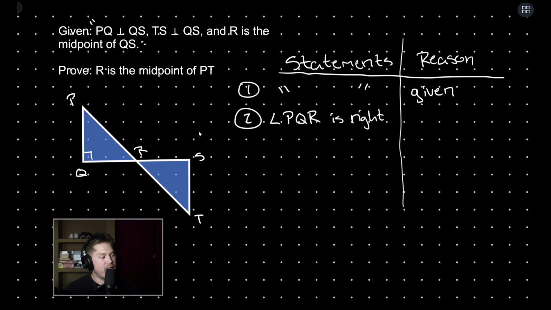We know that TS, and we know that this angle is also right because TS is perpendicular to QS as well. So we're also going to say angle TSR is right. And this is simply by the definition of perpendicular lines.